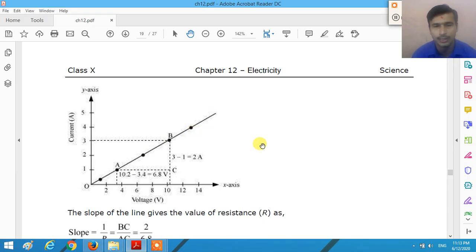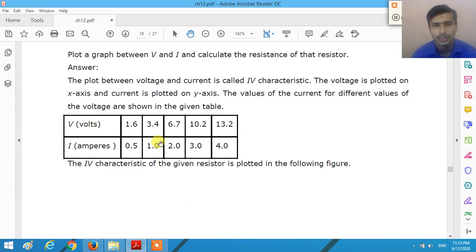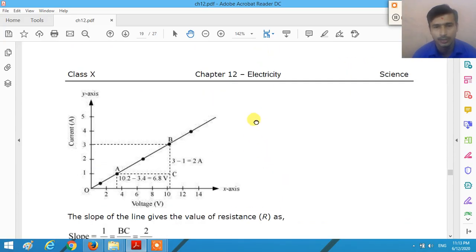Now how do we calculate the resistance from the graph? From the slope of this line we get the resistance. So how do we calculate? Take any two values from the table. Here we take two values of the voltage and current. First voltage 10.2 and second voltage 3.4.